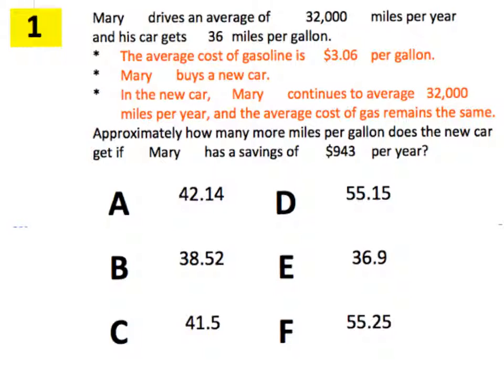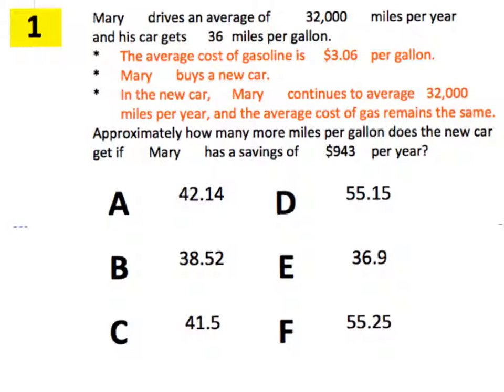How many more miles per gallon does the new car get? Now, the way the problem should be answered is, as it says, how many more miles per gallon. I have a feeling that I may have put the new miles per gallon down in the choices here instead of the difference. If that's the case, then you'll know to choose the new miles per gallon as the choice.